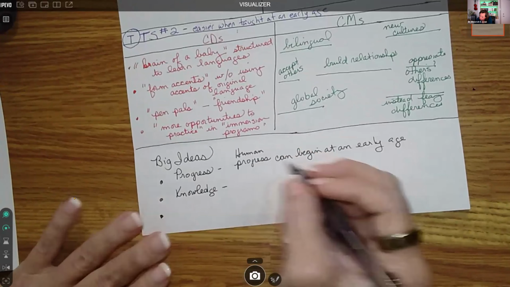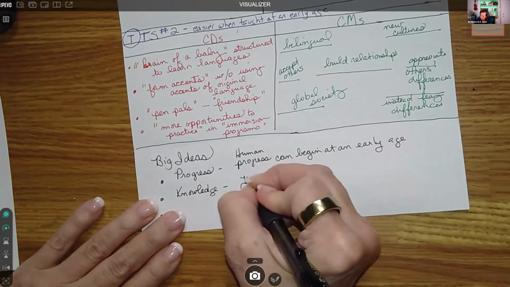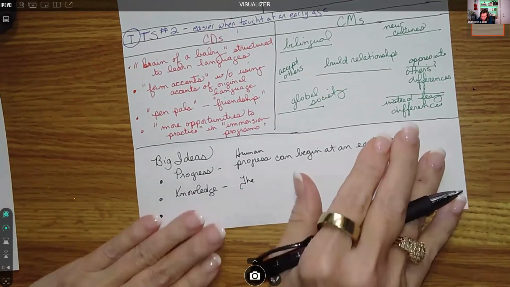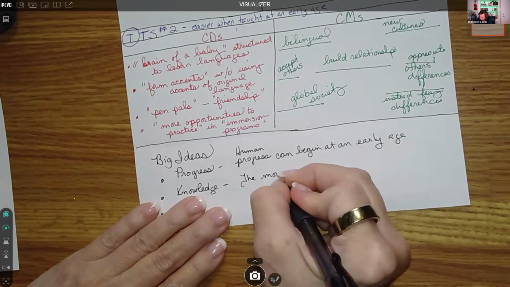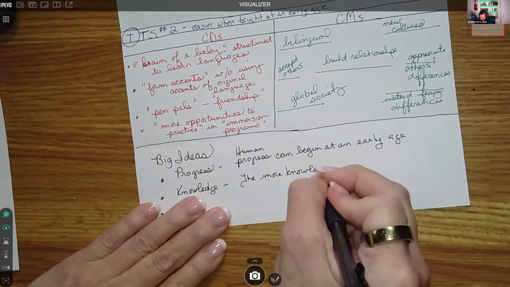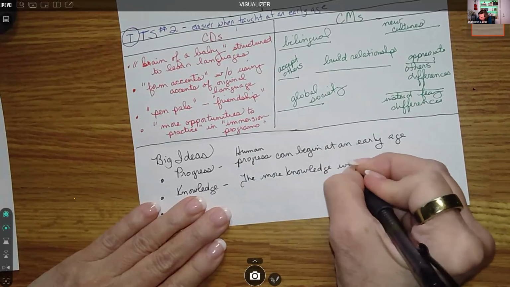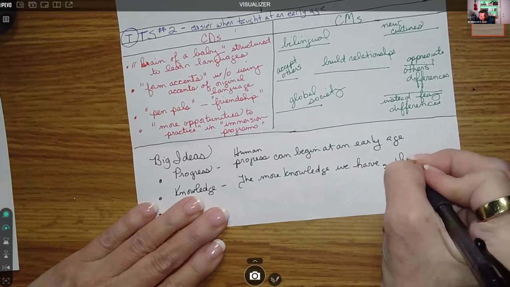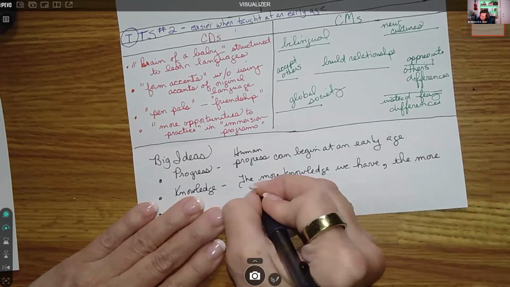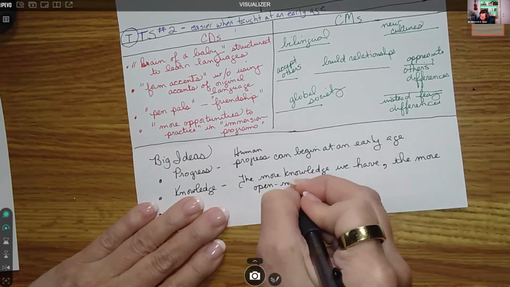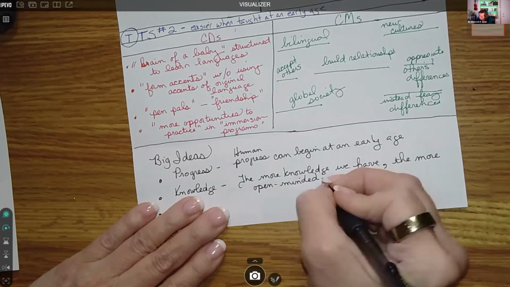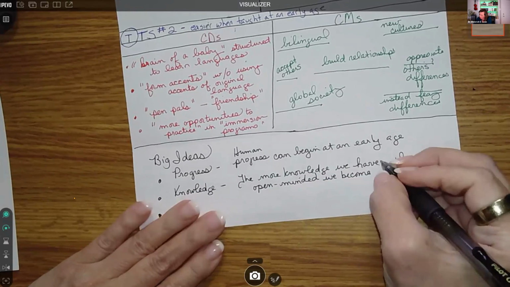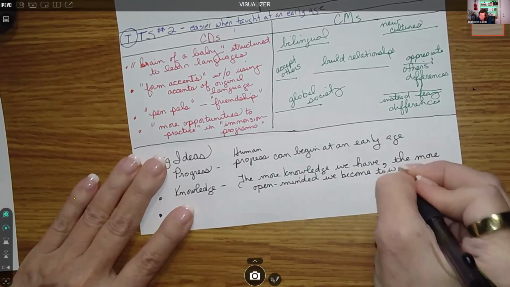Okay, what do you think about knowledge? Well, this is what I'm thinking, and this is me. This doesn't make it right or wrong. It's just how the lessons I'm thinking about is the more knowledge we have, the more open minded we are or we become toward others.